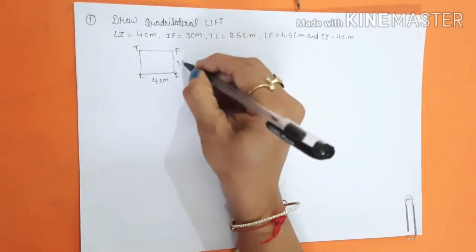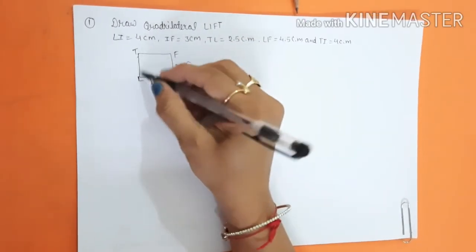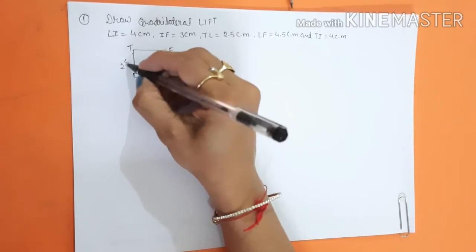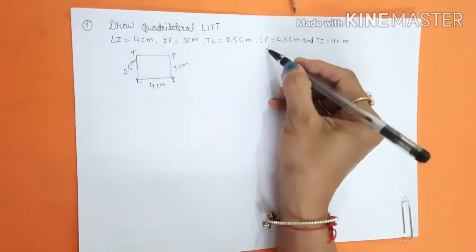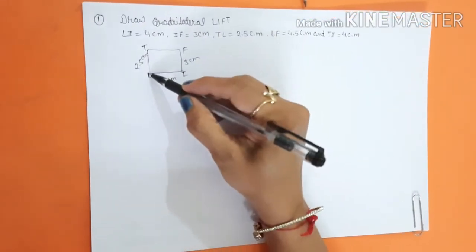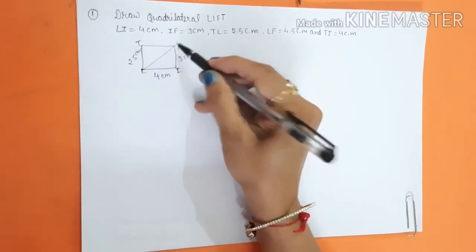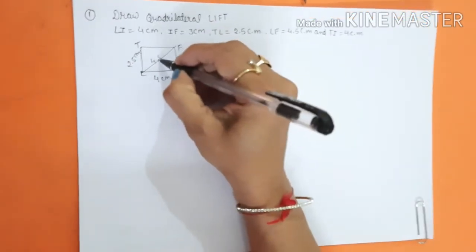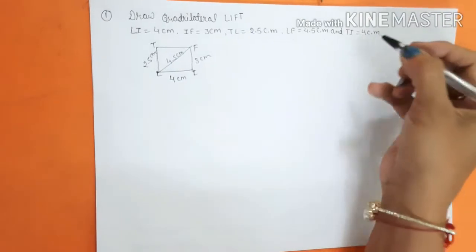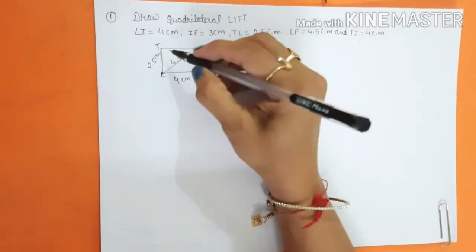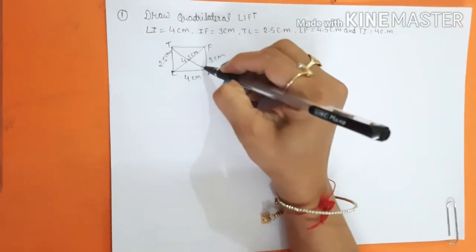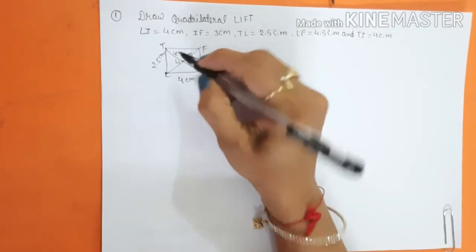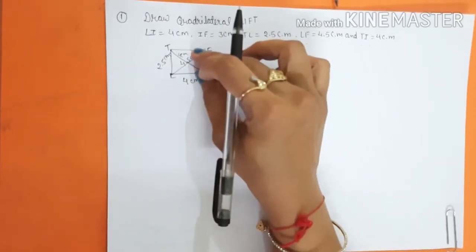IF means 3 centimeter. TL, this is the TL, 2.5 centimeter. LF 4.5. LF is a diagonal. This is the 4.5 centimeter. And TI, this is also a diagonal. This is given 4 centimeter. That means 3 sides and 2 diagonals are given.